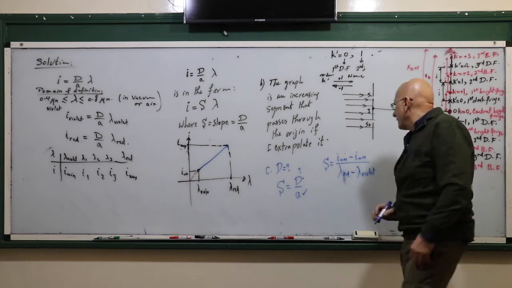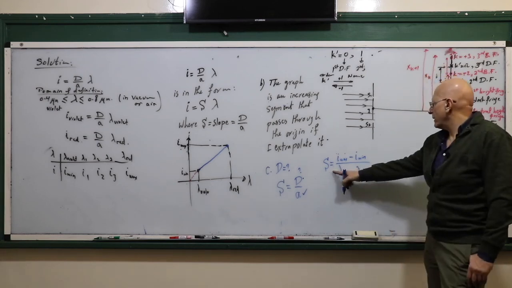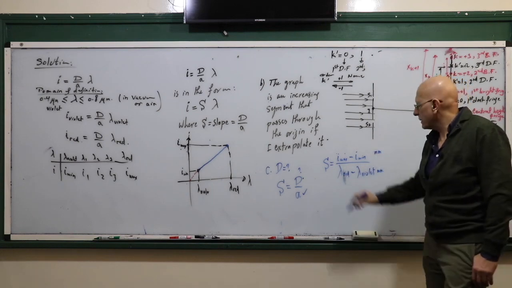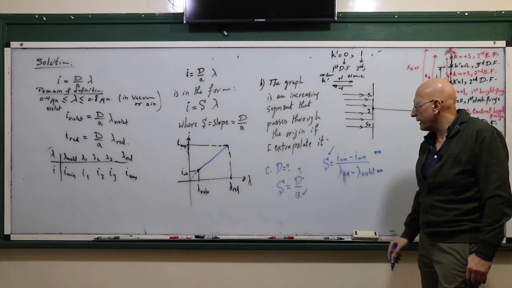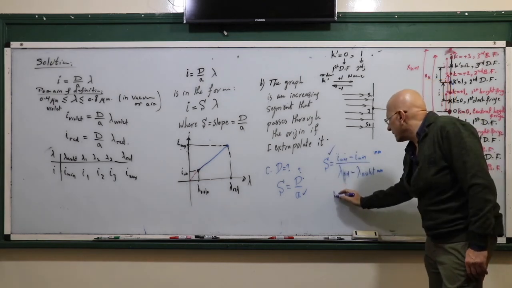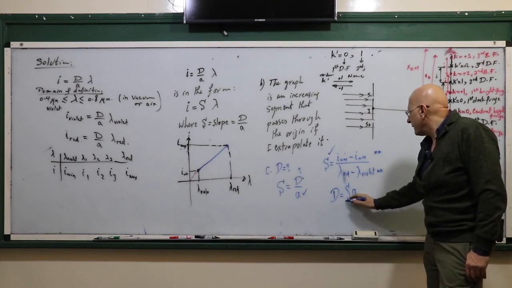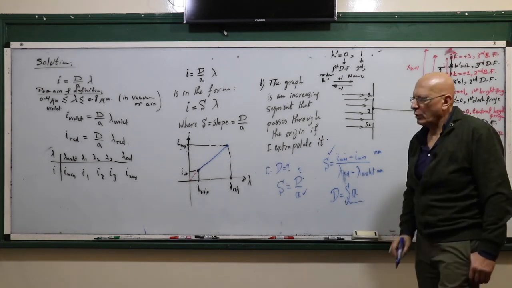Okay? The slope here is without unit; if this is millimeter, this should be in millimeter. Okay? When I find the slope from the graph, cross multiply, you get D equals S times A using the slope. Okay?